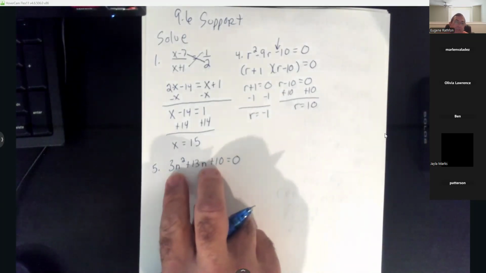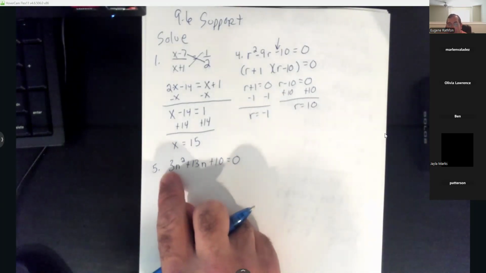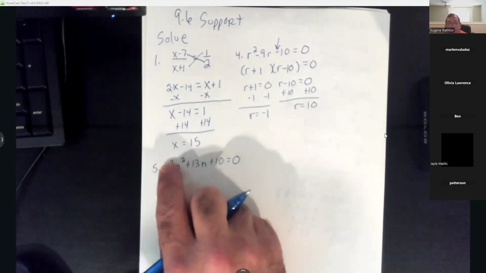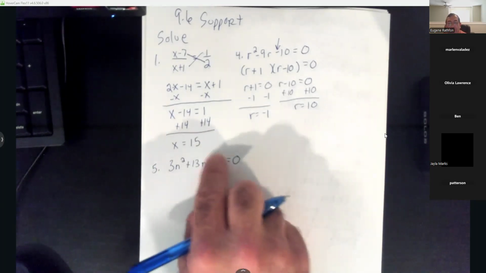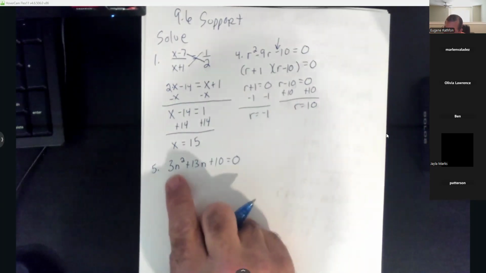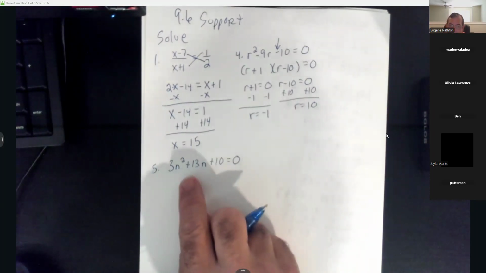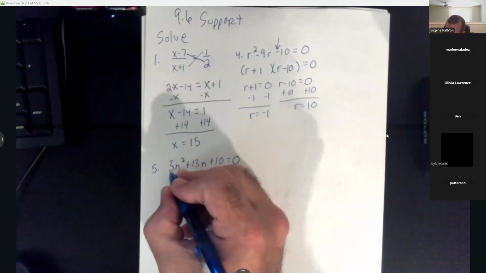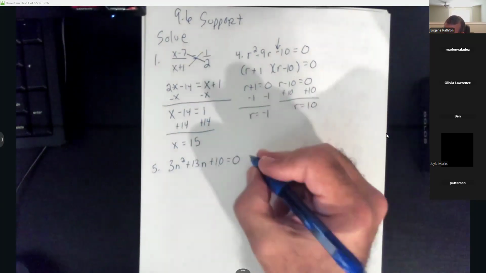Now, a lot of times I use the quadratic formula when I got a number in the front. But y'all, I'm going to show you how to do this one by factor by grouping. Okay? So for this one, what you got to do first is multiply the first number times the last.